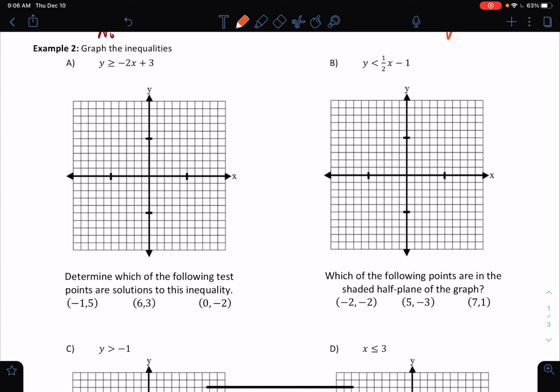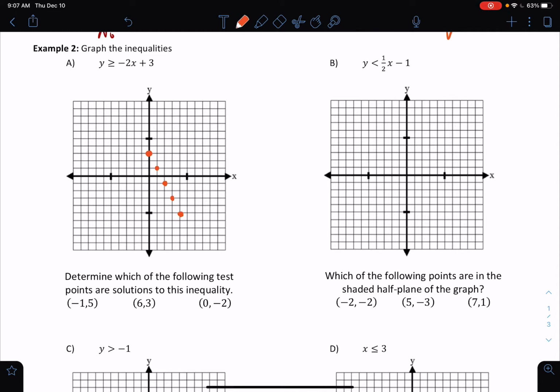I could plot points just like I would if I was in slope-intercept form. I start at my y-intercept of 3. I go down 2 to the right 1, down 2 to the right 1, down 2 to the right 1.